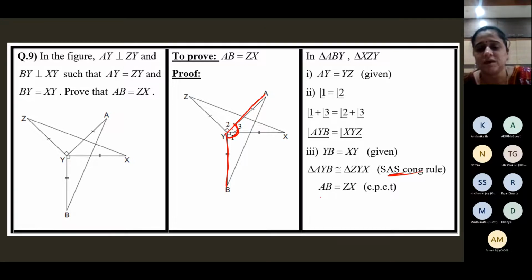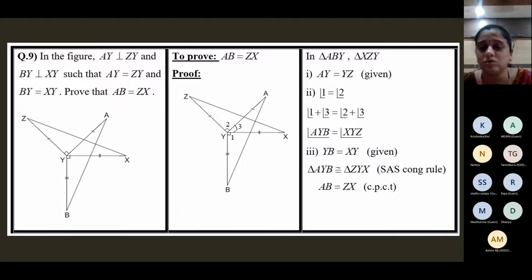So we have AB is equal to ZX by CPCT. You can see the order, AYB, ZYX. So AB is equal to ZX by CPCT.